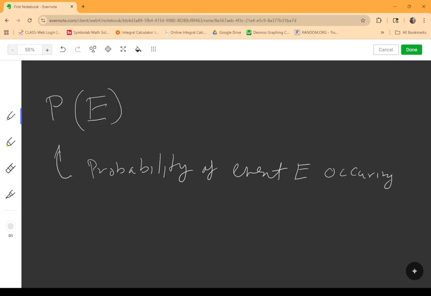That would be the size of E over the size of S. What we'll notice is that this will always be less than or equal to 1, but also greater than or equal to 0. The probability of something happening is either 0 or some positive number less than or equal to 1, where a probability of 0 means it will never happen, and a probability of 1 means it will certainly happen.